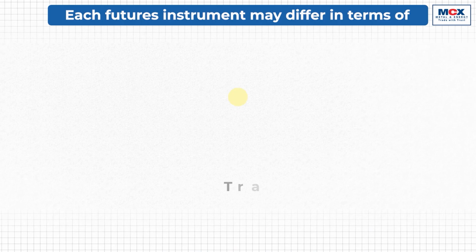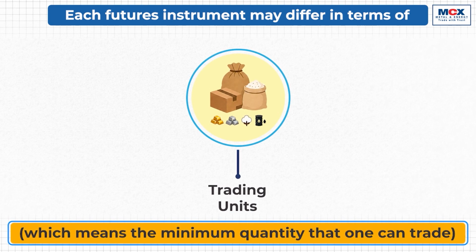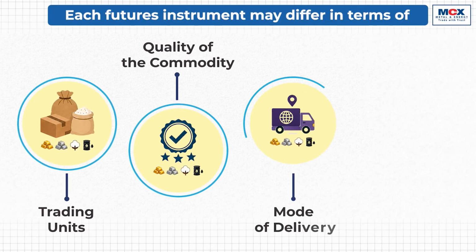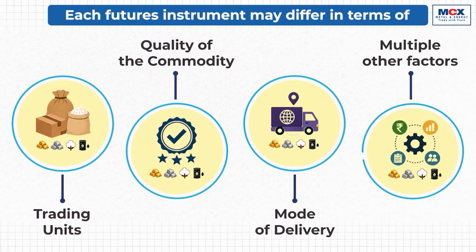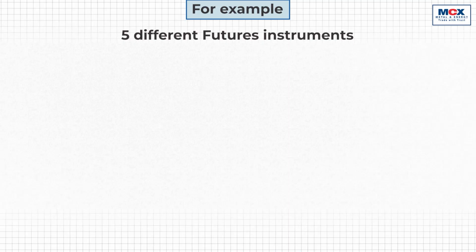Each futures instrument may differ in terms of trading units, which means the minimum quantity that one can trade, quality of the commodity, mode of delivery, and multiple other factors. For example, within gold, there are 5 different subcategories of futures instruments.